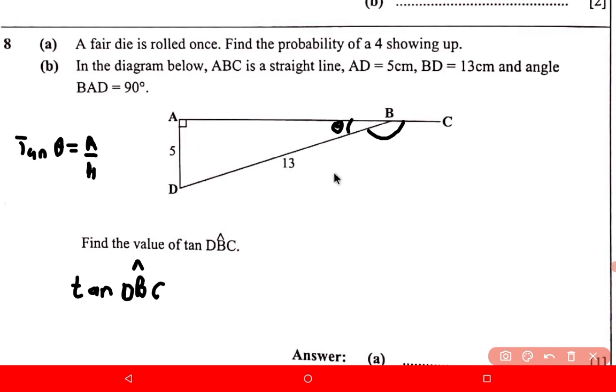Looking at the question, we are not given the values here and we can't perform the tan without using a calculator.